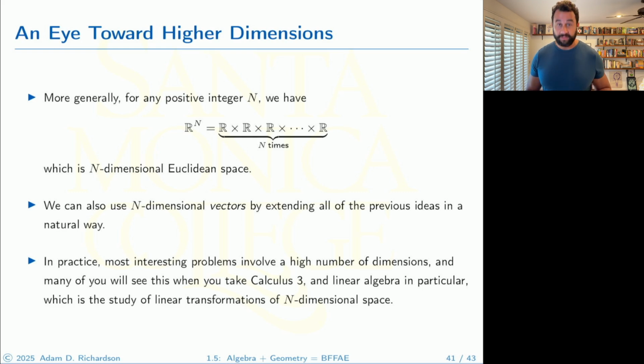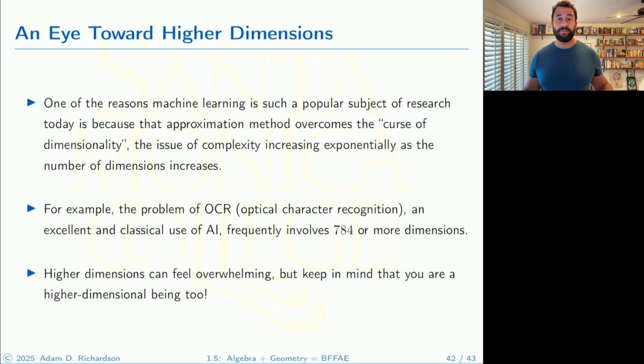The other thing is this. In practice, most of the interesting problems that we are currently interested in involve a very high number of dimensions. A modern example is machine learning and AI.